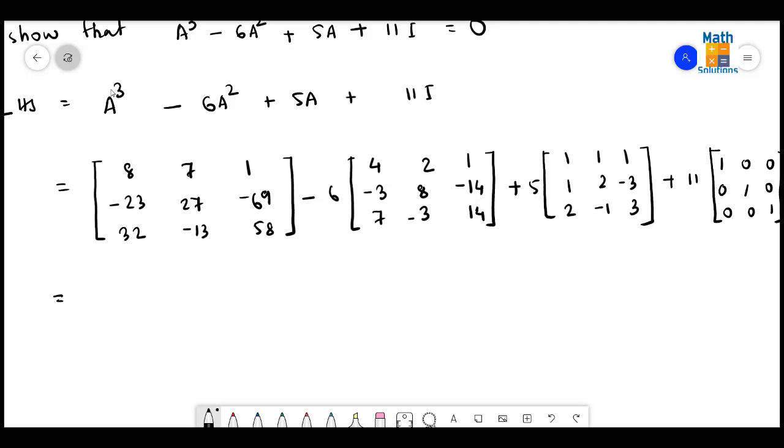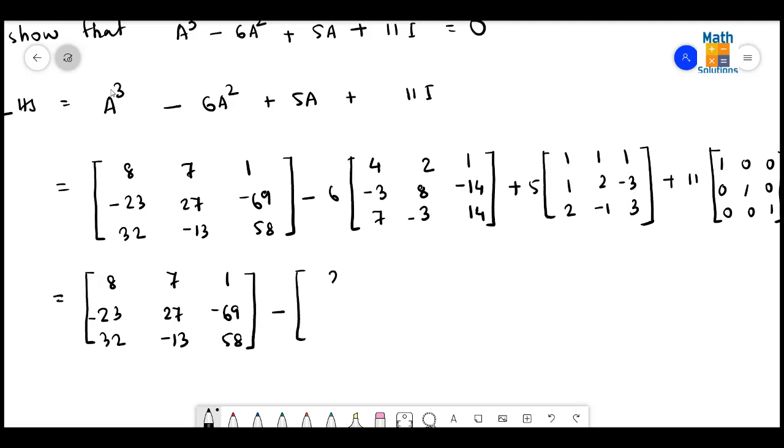So after complete simplification, let us check what result we get. Minus 23, then 27, minus 69, then 32, minus 13, then 58, then minus.